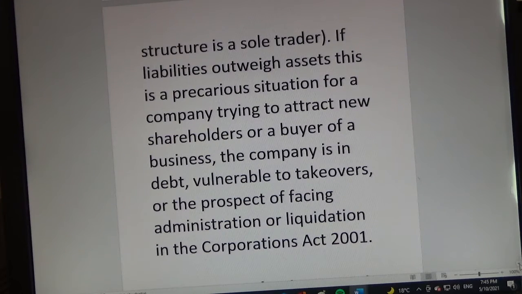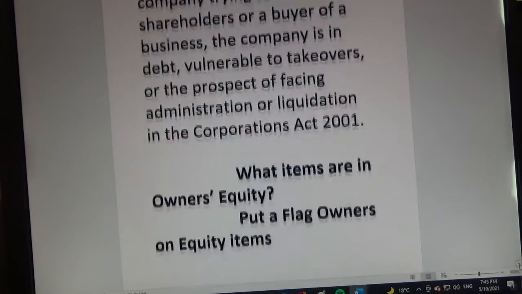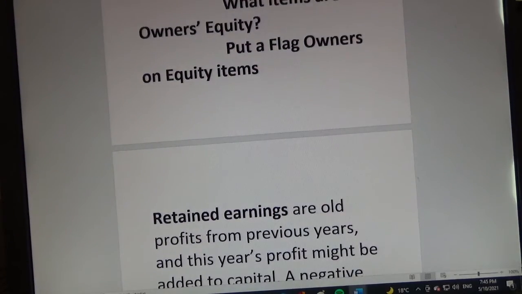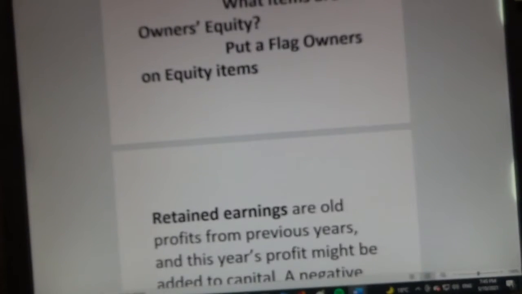If it's a company or the buyer of the business, the company is in debt, vulnerable to takeovers or the prospect of facing administration or liquidation in the Corporations Act of 2001.